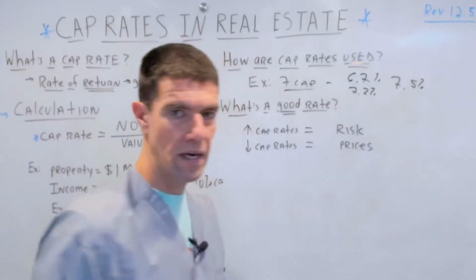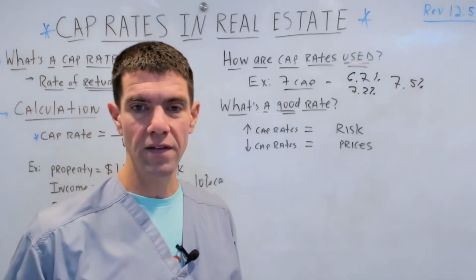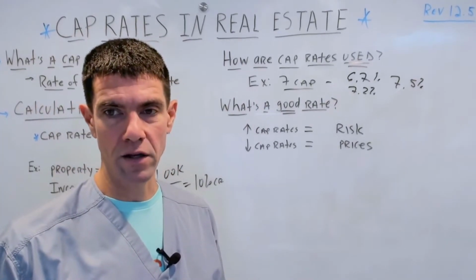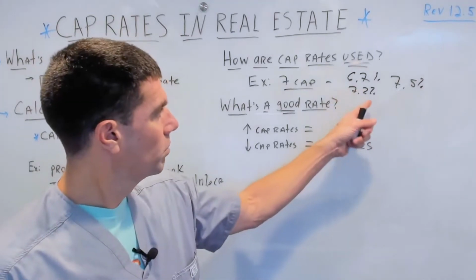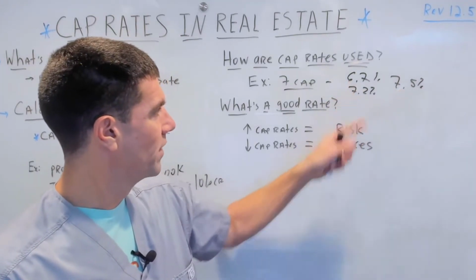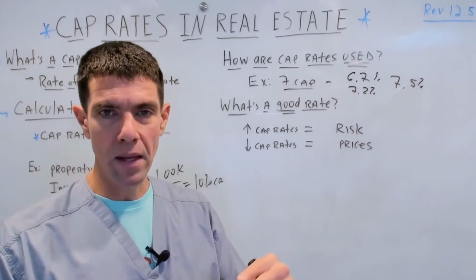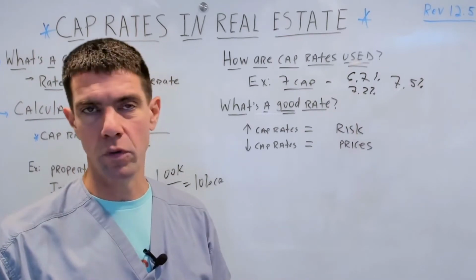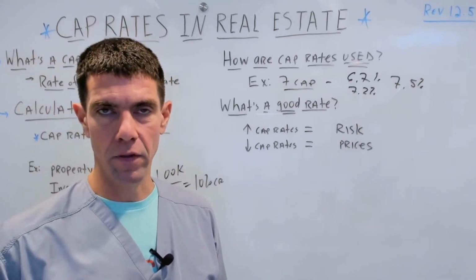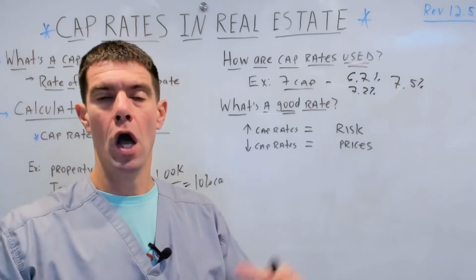And the one that you're looking at is 7%. So this tells you that the building you're looking at is fairly in the middle, and fairly comparable to the returns and the purchase prices of the other buildings in the area.